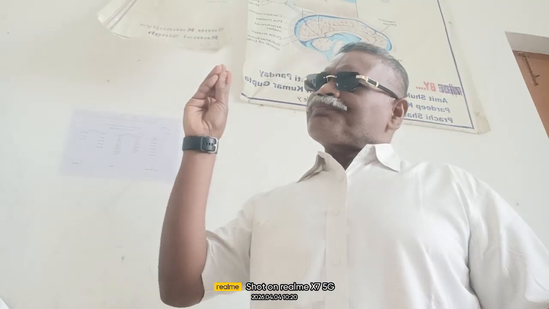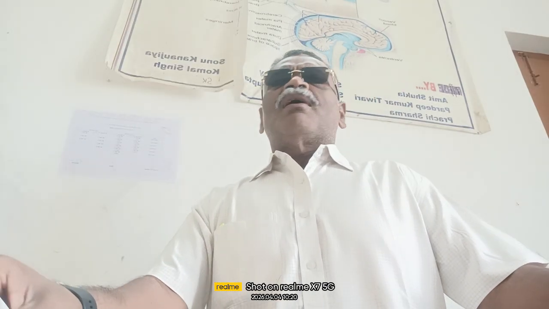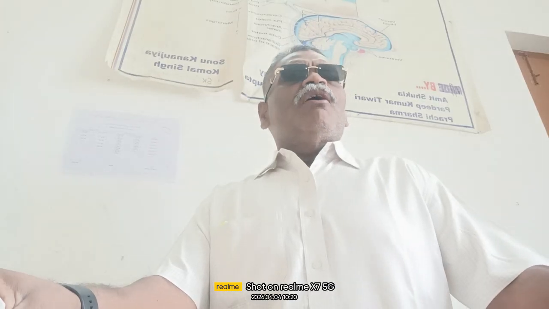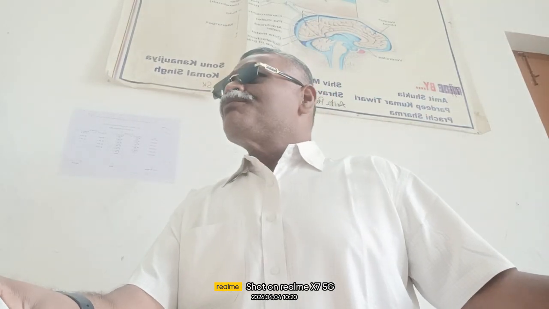In the case of the peripheral nervous system, the very important unit you will be studying is local anesthetics. Number 1, creating loss of sensation for pain at a local site is local anesthesia.